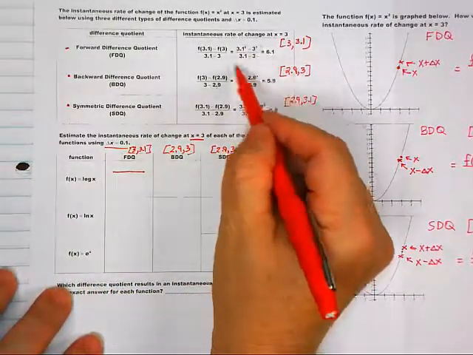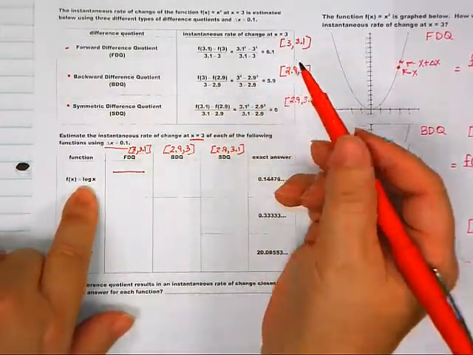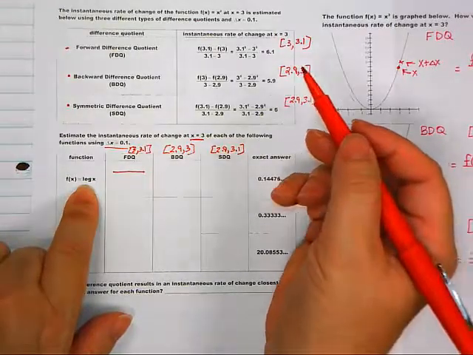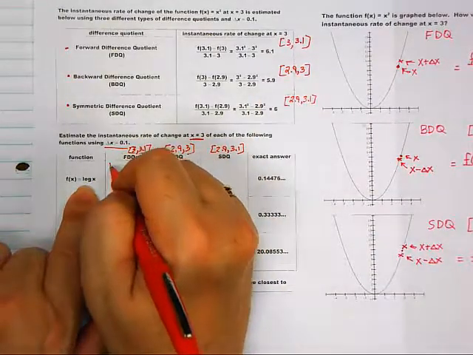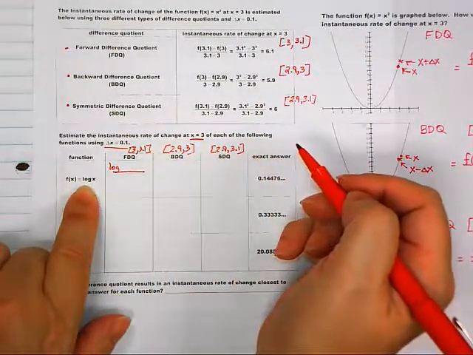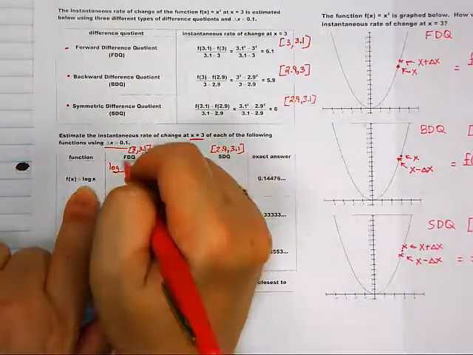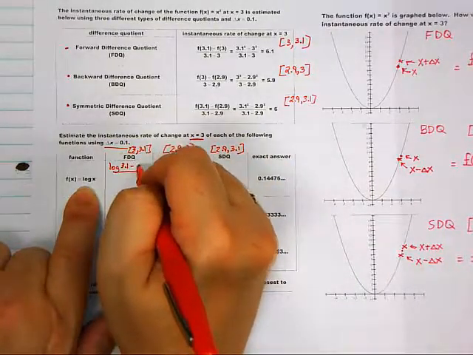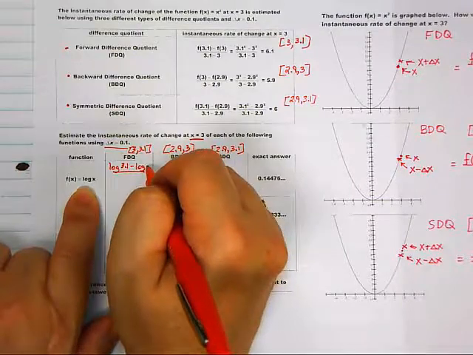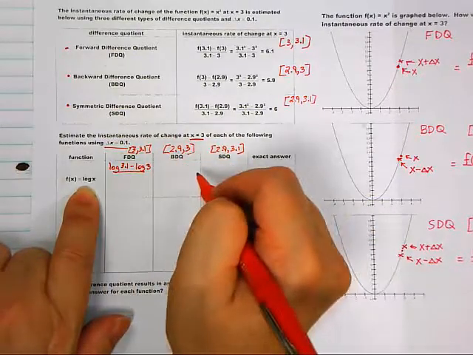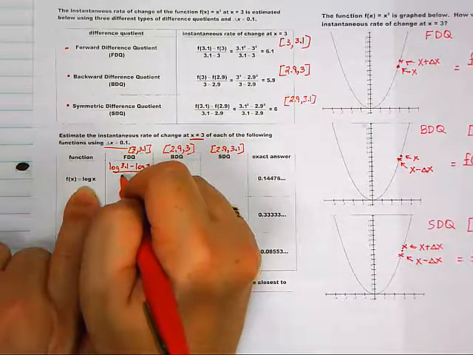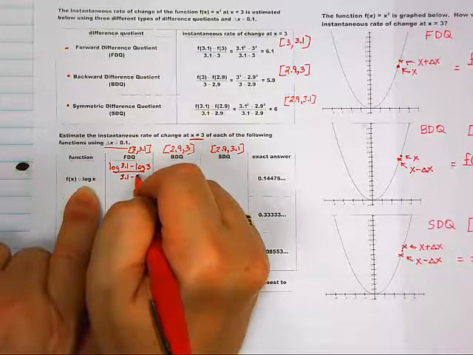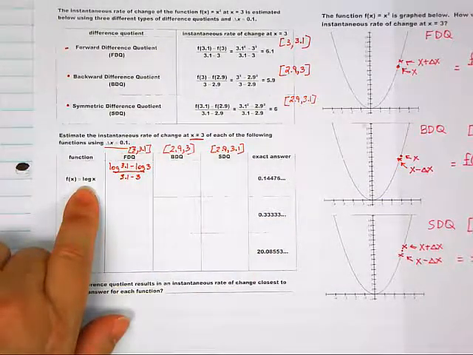I'm going to do the second fraction. I'm plugging into log. So it's going to be log of, which one do I write first? 3.1 minus log of 3 over 3.1 minus 3. Okay?